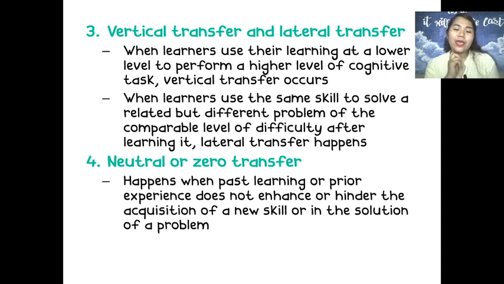Nakuha? Ngayon, kapag sinabing lateral, no, same na level lang siya, pero in different field. Sabihin lang natin, in math, simple addition of numbers. Pagdating sa science, addition of volume naman siya. Nakuha?